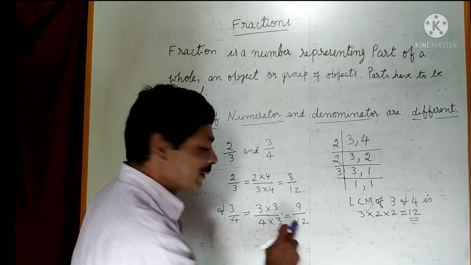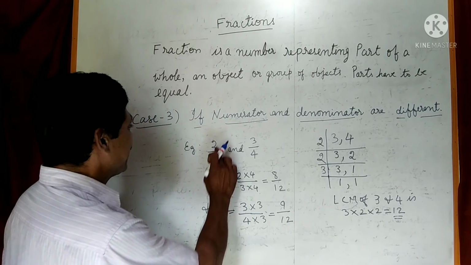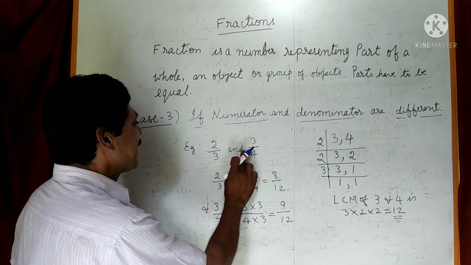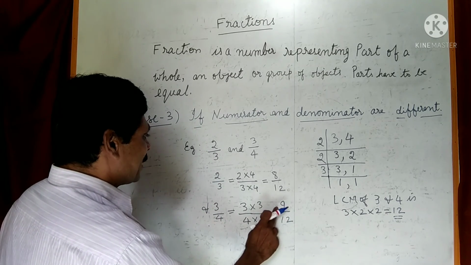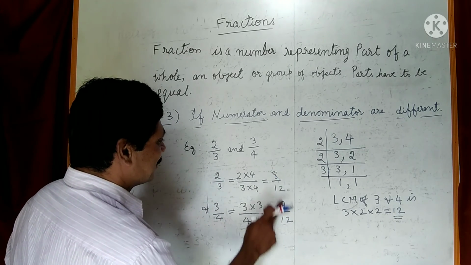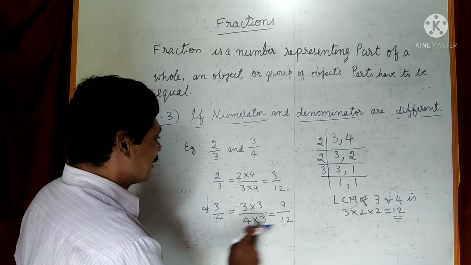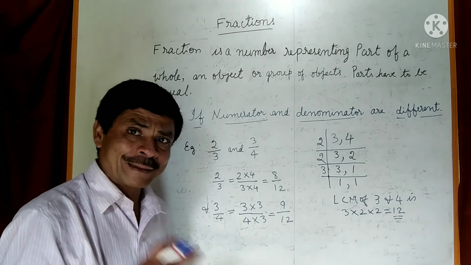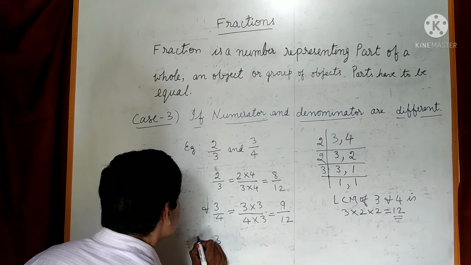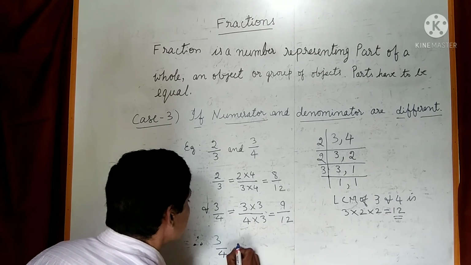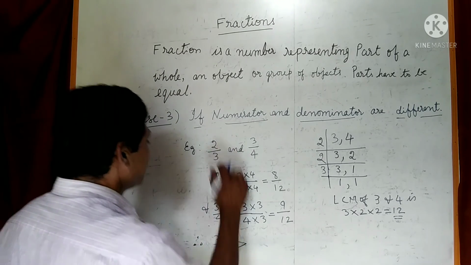Now both denominators are same, we will compare 2 by 3 and 3 by 4. Okay. Now, which is having the bigger numerator? 3 by 4 means 9 by 12 having the bigger numerator. So that 3 by 4 is greater than 2 by 3.